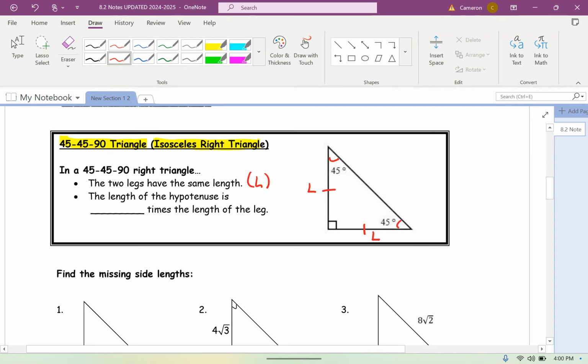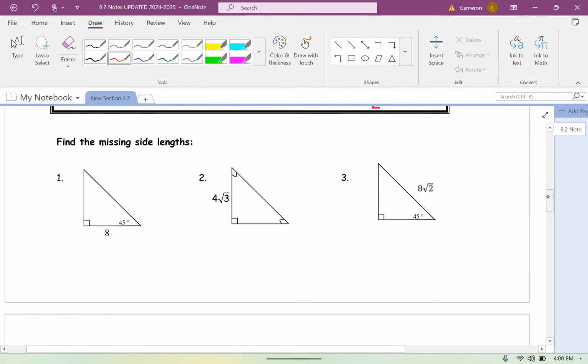If you remember from the activity, if you tried it enough times, you probably saw that the length of the hypotenuse across from the right angle was always the square root of 2, rad 2, times the length of the leg. In other words, L rad 2. And that's it. You don't have to use the Pythagorean theorem every single time. If you did, you would still get the same result.